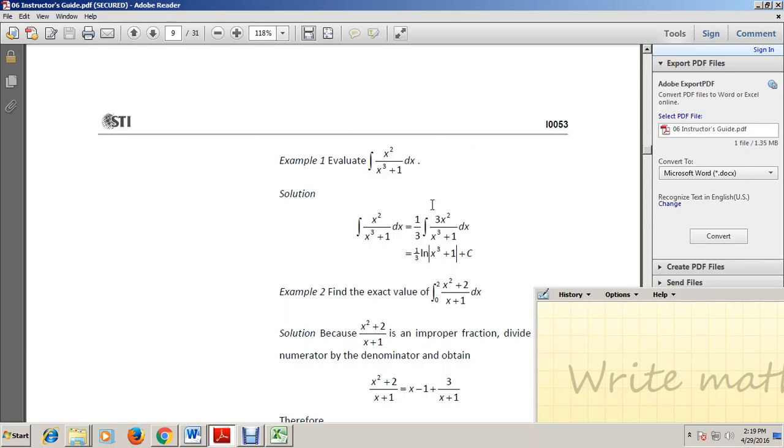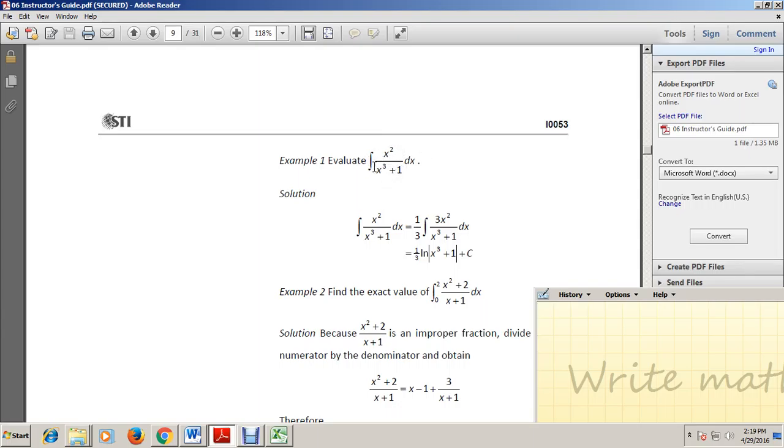Now, if you have followed that, we can replace the integrand with du over 3 all over u. So try to follow along with the description in the video. You start with the integral of x squared over x cubed plus 1 dx.